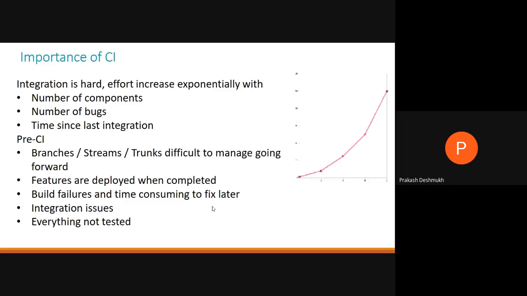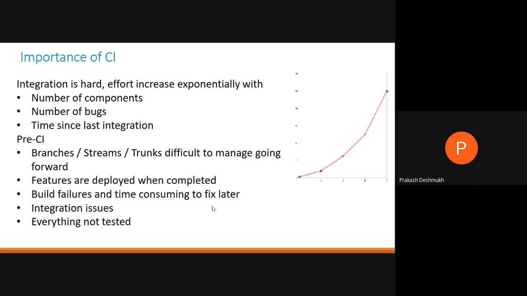So a lot of wastage in that. The focus was on bringing a good software management tool and then on branching, streaming, etc., but not an end-to-end focus in pre-CI. Then features are deployed when completed. It was not like breaking into pieces and then deploying continuously.